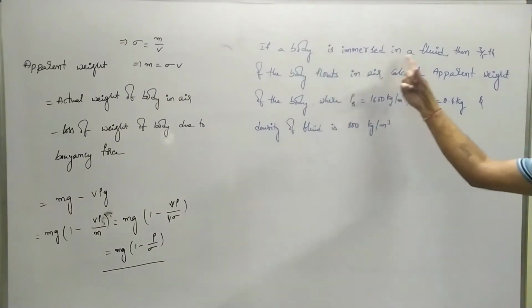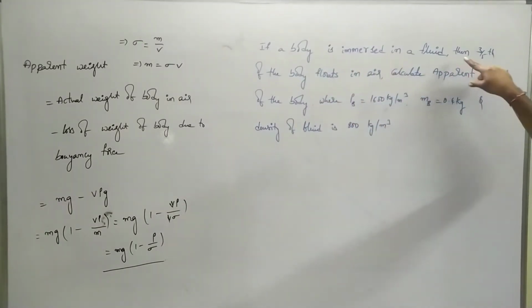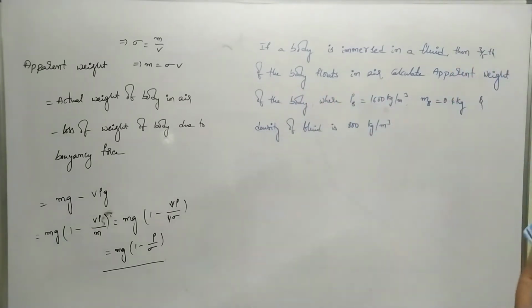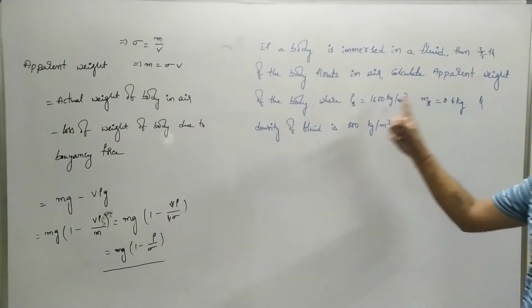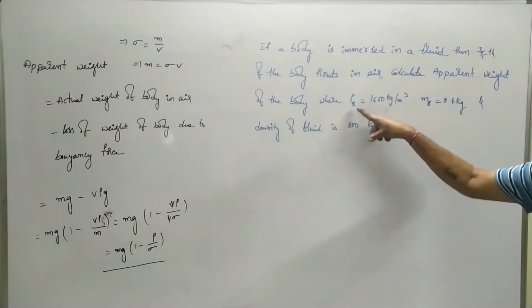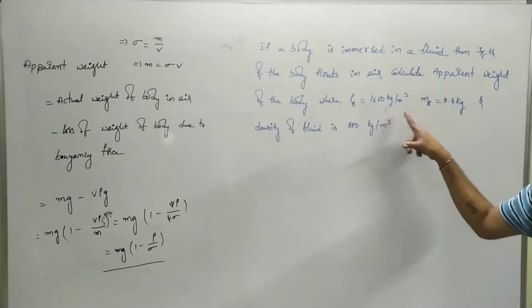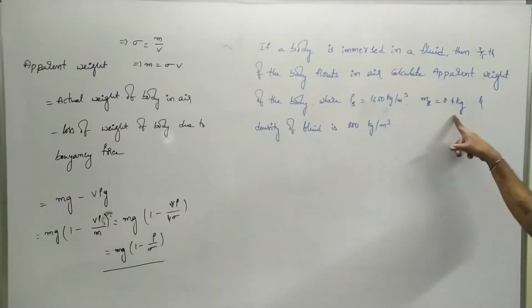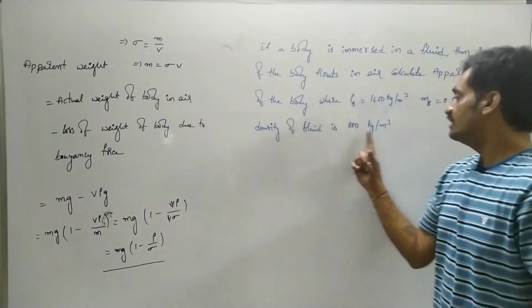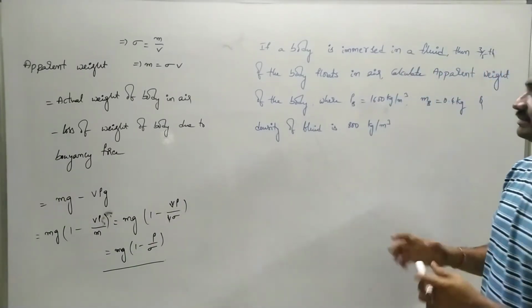Observe that if a body is immersed in a fluid, then 3/5 of the body floats in air. Calculate the apparent weight of the body, where rho suffix b, the density of the body, is 1600 kg per meter cube, the mass of the body is 0.4 kg, and the density of the fluid is 800 kg per meter cube.